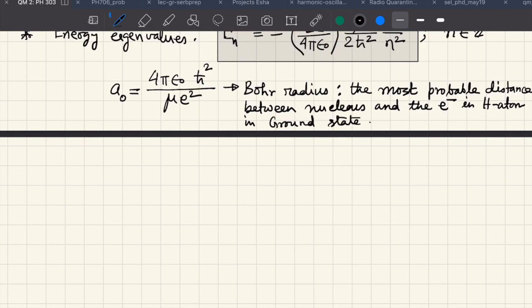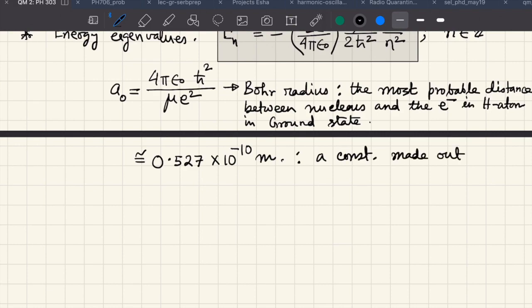Now once you have defined this Bohr radius, which has the numerical value of 0.0527 into 10 to the power minus 10 meters, if you look at this A naught, it is nothing but a constant which is made out of the quantities h cross, the reduced mass or the mass of the electron, and the charge of the electron.